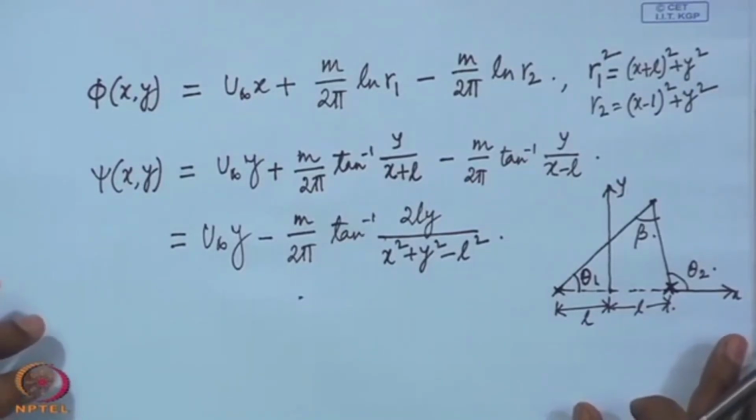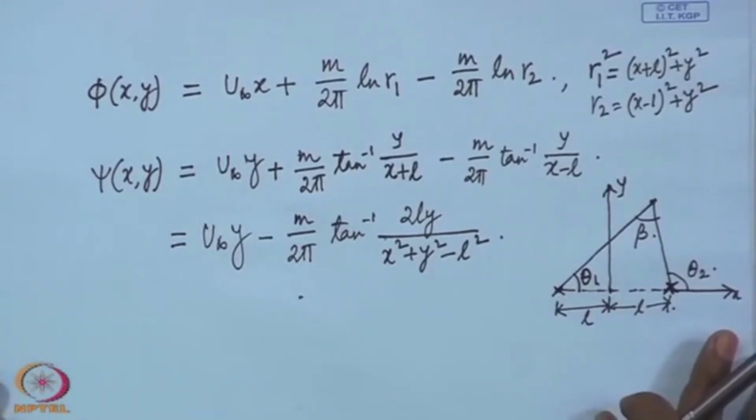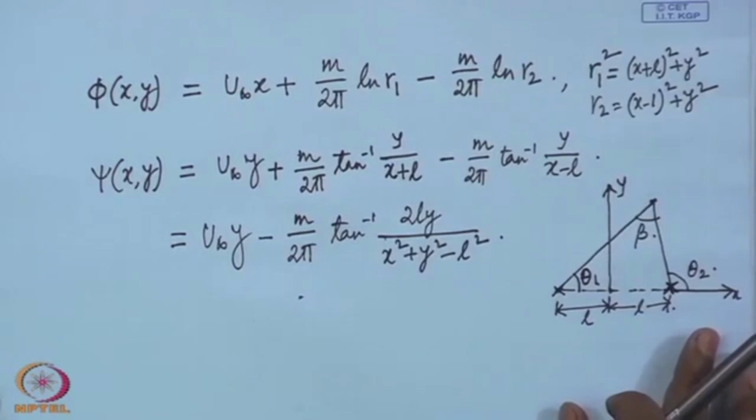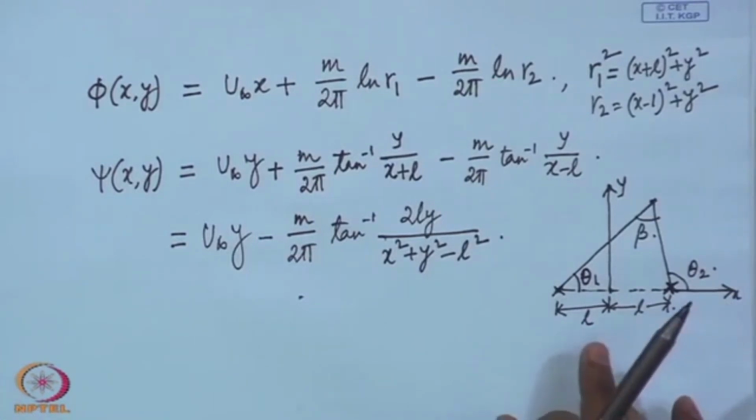This curve may not be that familiar, but as it happens, it is a closed curve. The 0 streamline again is a closed curve, which represents an oval shaped body, usually called Rankine's oval.